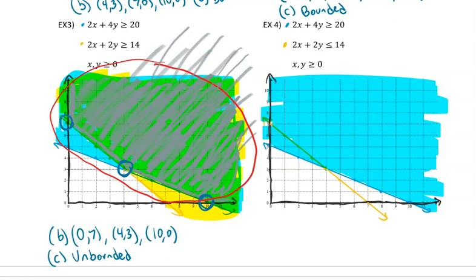Then for the yellow line, it is less than or equal to, so that means below the yellow line. All right, so again, we're going to be looking for our region that is green, and that is this triangle right here.